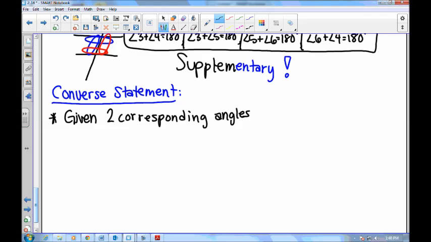Given 2 corresponding angles formed by a transversal are congruent.